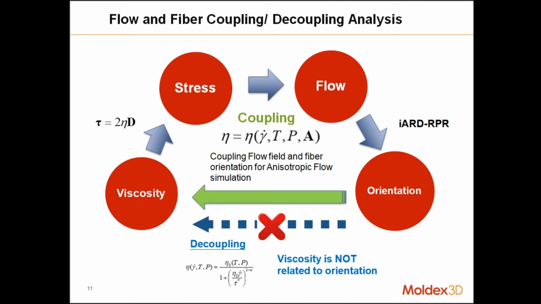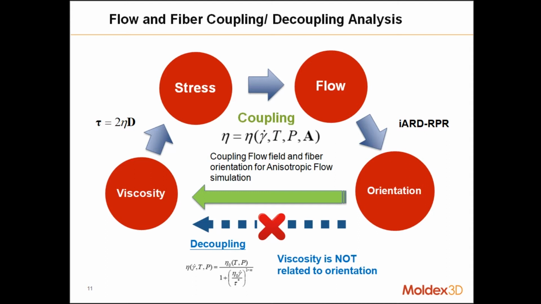As you can see, in the past we calculated the flow field first, then got the fiber orientation at the end of filling. But the truth is that during filling, the orientation should be a transient process.